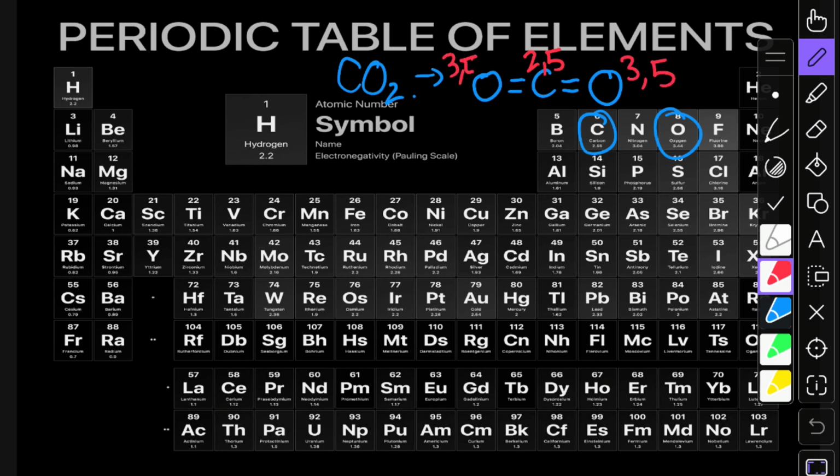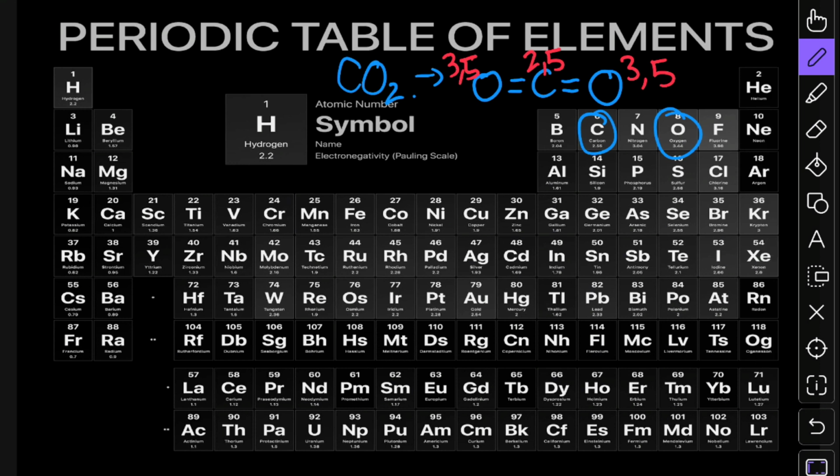So we've met the first requirement. We do have a difference between the two. This is definitely a polar bond. There's a pull on electrons towards the oxygen. The one with a higher number is going to win the fight with those electrons. So it's very important to accurately read this off the table and make sure that we're getting the correct numbers.